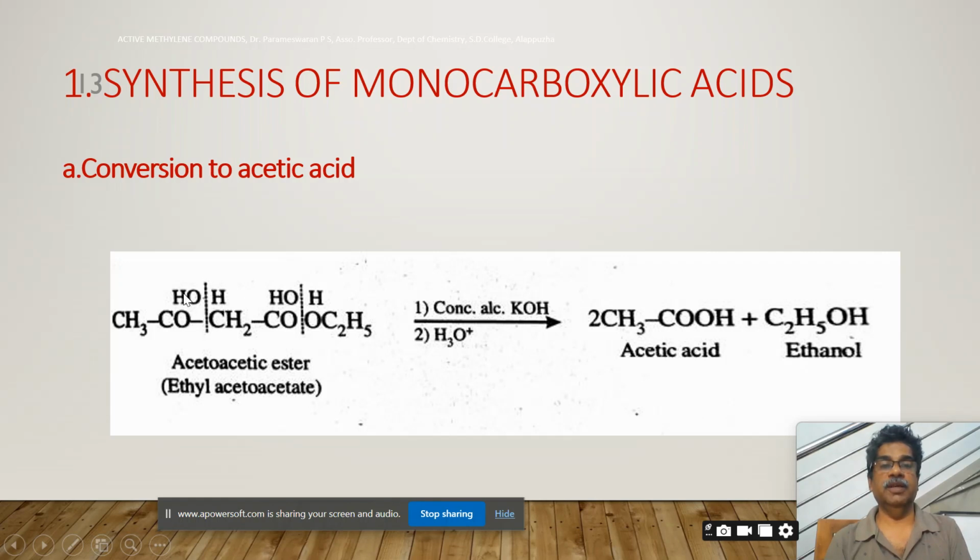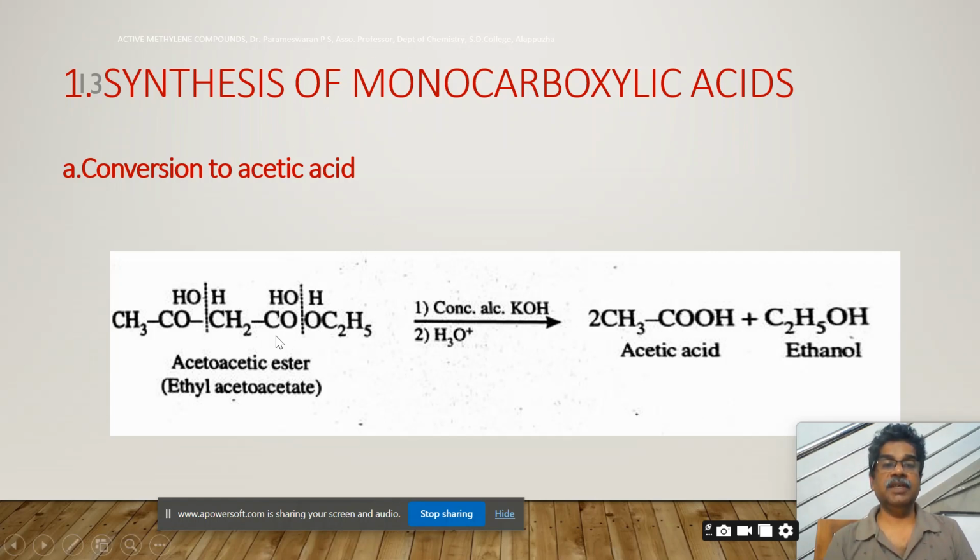It is split like this. Here also, OH and H are split like this. See this part, the CH3CO part is now converted to CH3COOH. It is always the same, because no other manipulation can be done at the CH3CO side.